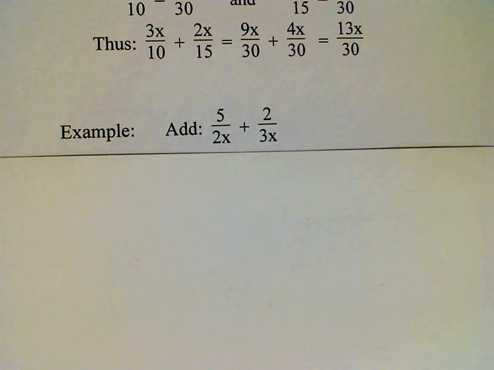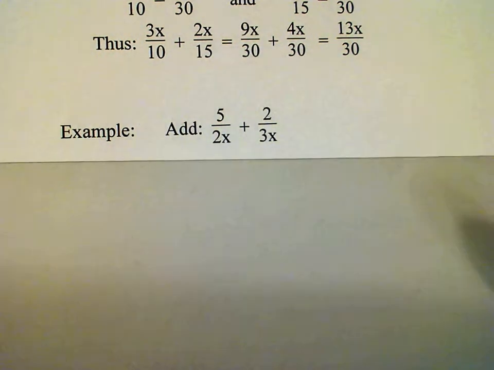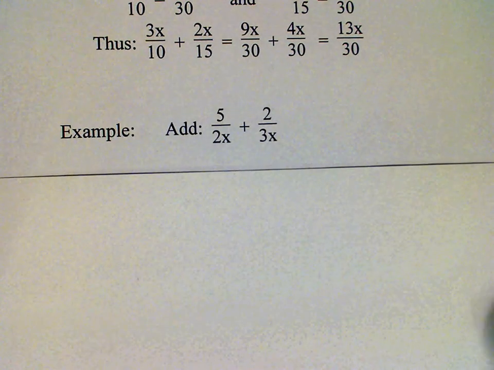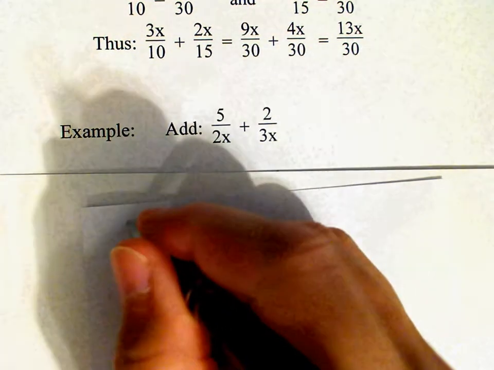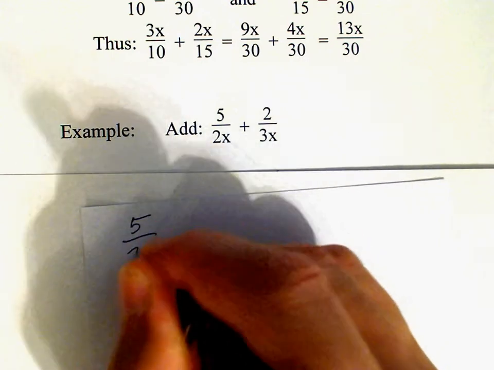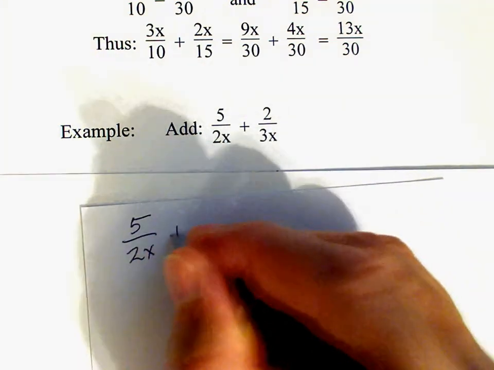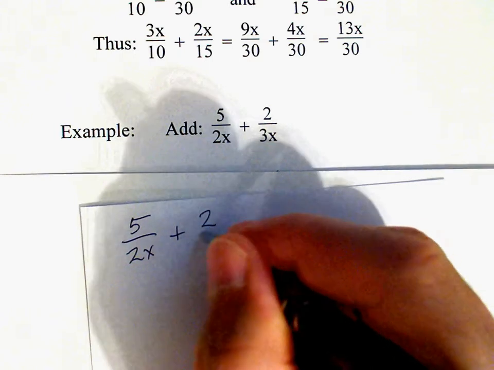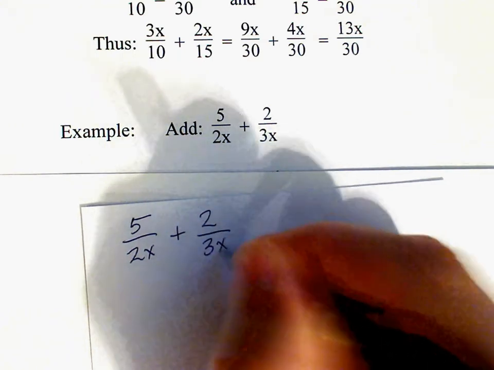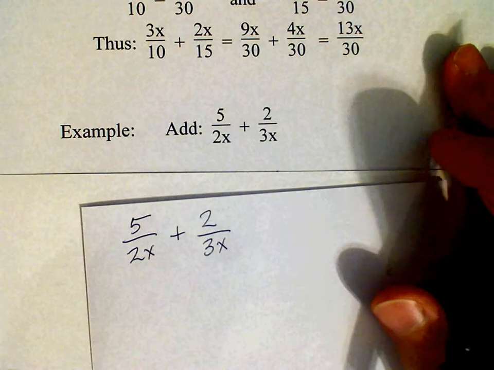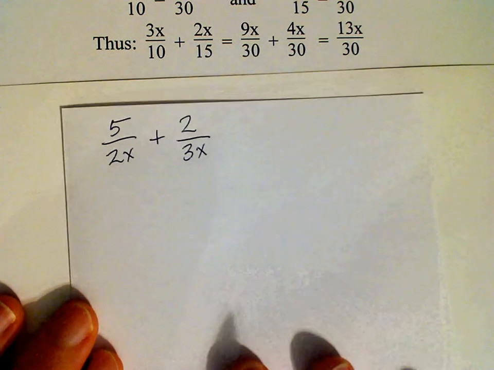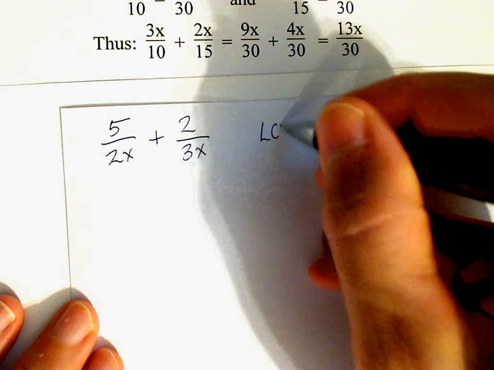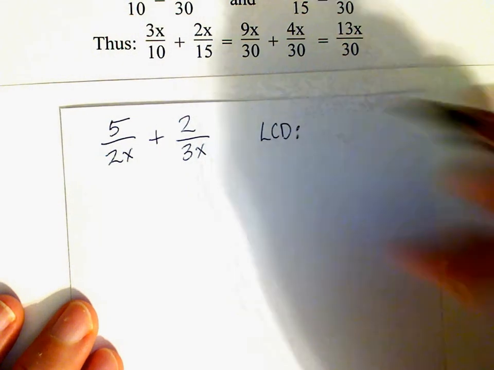Okay, let's do one more example. Now we have to add 5 over 2x plus 2 over 3x. So what is going to be our denominator this time that we need?